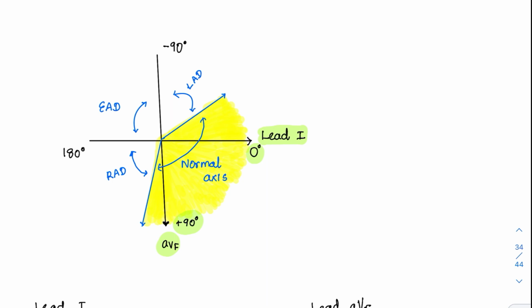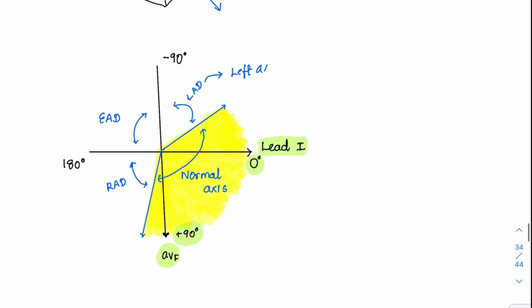Whenever it is deviated more towards the left, it is called LAD, which is left axis deviation. Then whenever it is shifted towards the right, see here, till 100 I have marked it, it is normal axis. If it is shifted further towards the right, it is called right axis deviation.